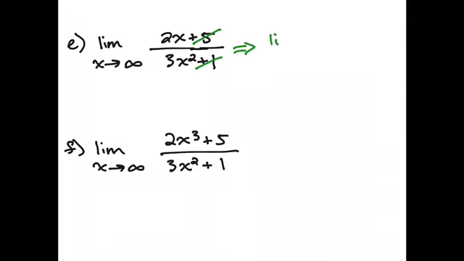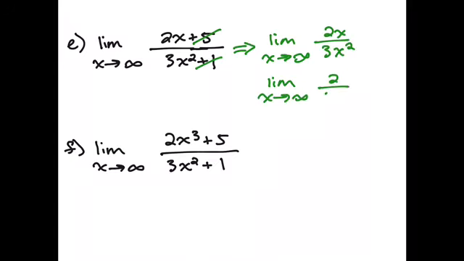So this looks like the limit as x approaches infinity of 2x over 3x squared, which looks like the limit as x approaches infinity of 2 over 3x. So now we're going to get 2 over 3 times infinity. What is this limit equal to?